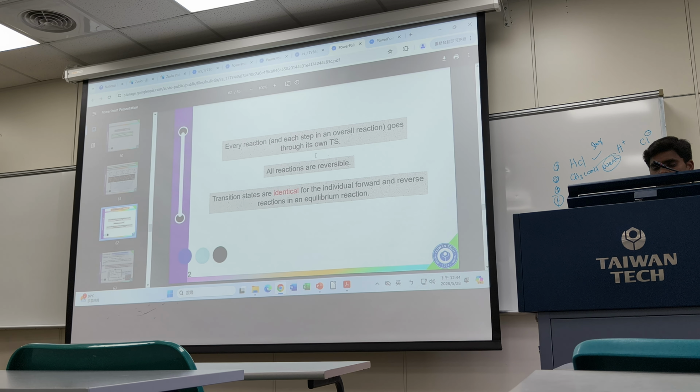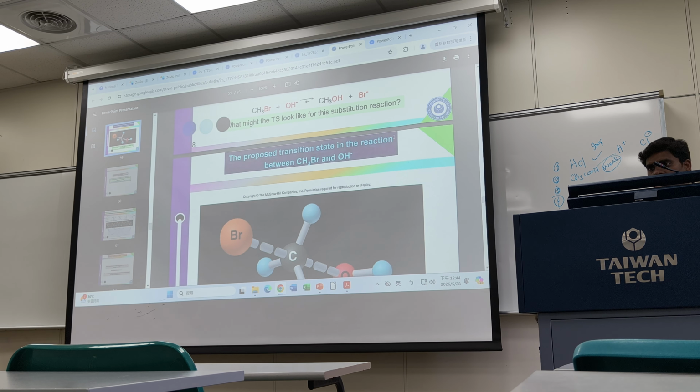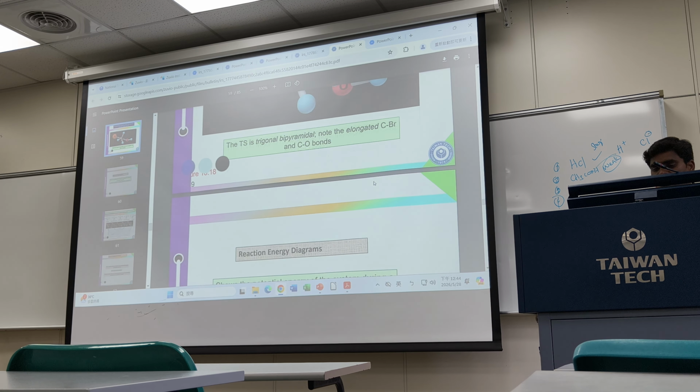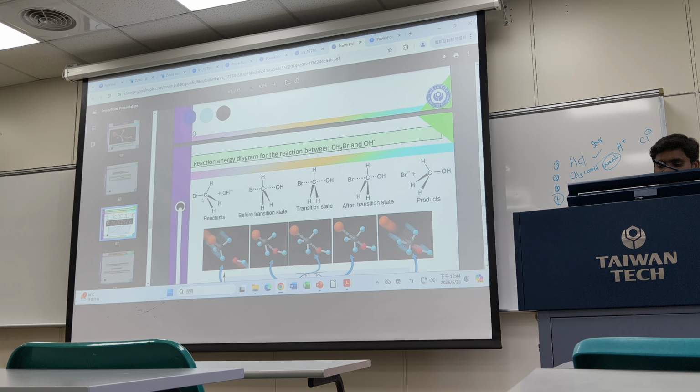There is one more question: the transition state of reactions. For the transition state, you no need to remember this one; I just ask you to remember this one, the top one. If the transition state is going to be used, this molecule is a transition molecule.